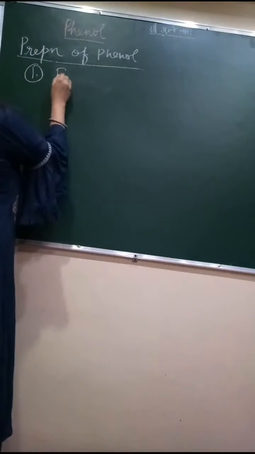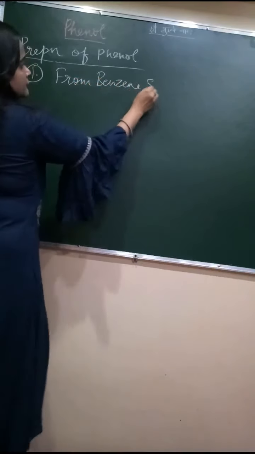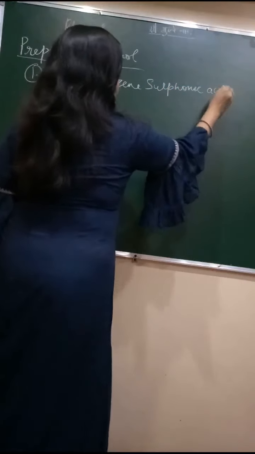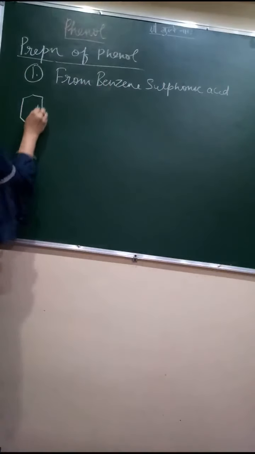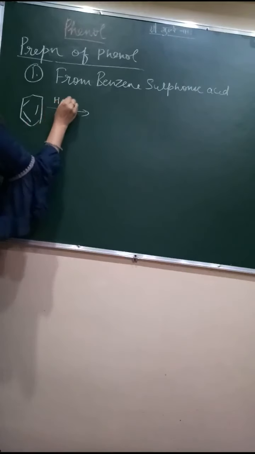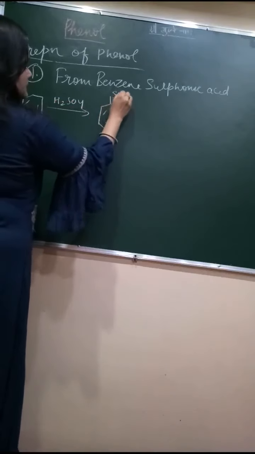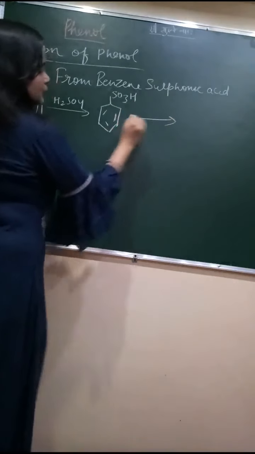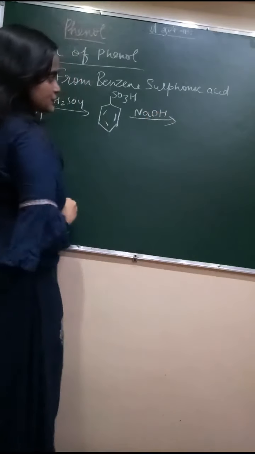First is from benzene sulfonic acid. We will take the starting material as benzene. When benzene is treated with H2SO4, what is formed is benzene sulfonic acid, which is further treated with sodium hydroxide.